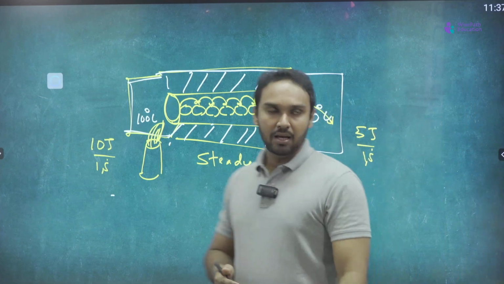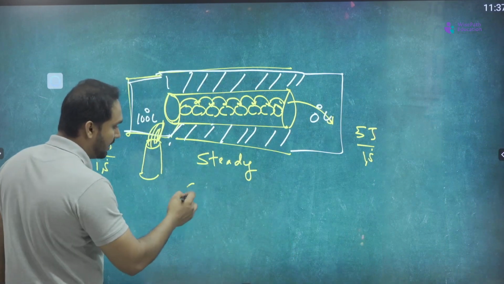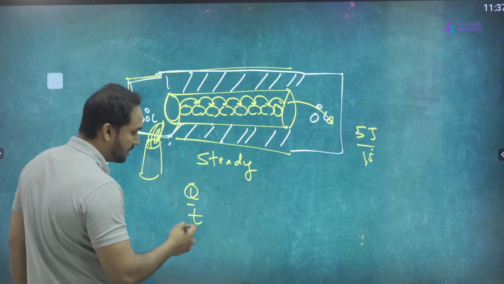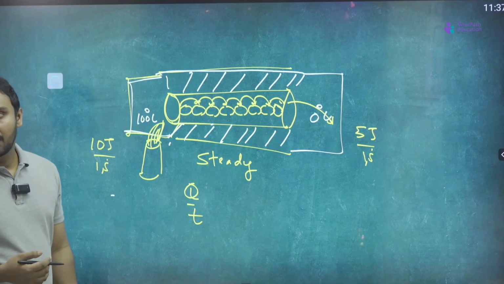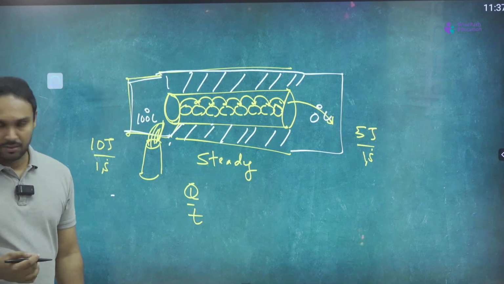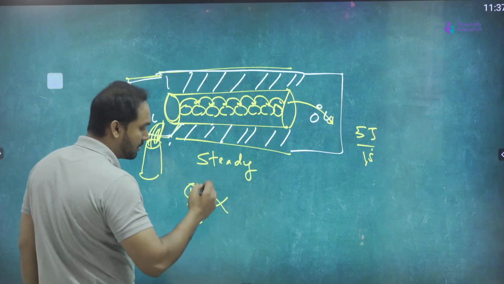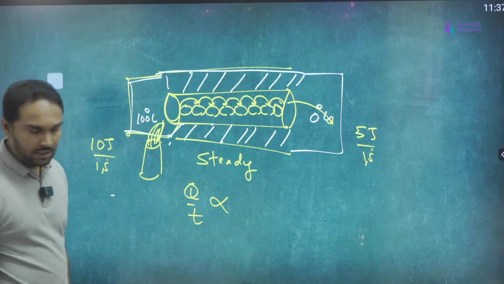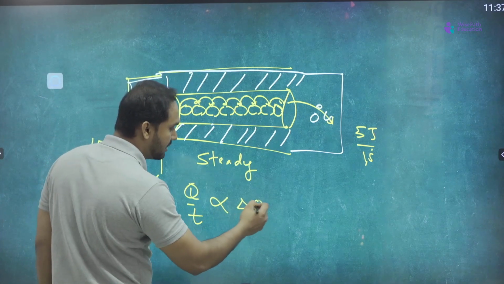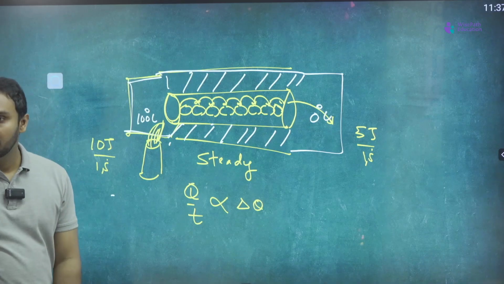We came to there. Now in the steady state, the rate of heat flow is proportional to the temperature difference of the conductor.